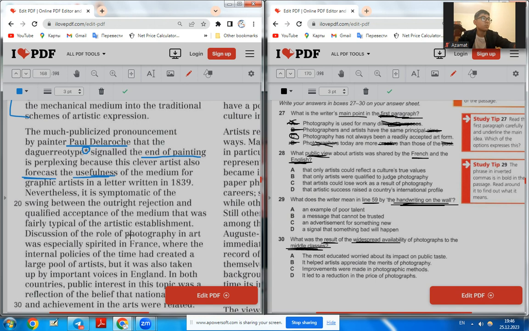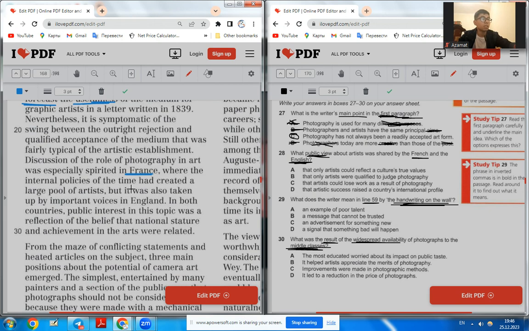Discussion of the role of photography in art was especially spirited in France, where the internal policies of the time had created a large pool of artists. But it was also taken up by important voices in England.